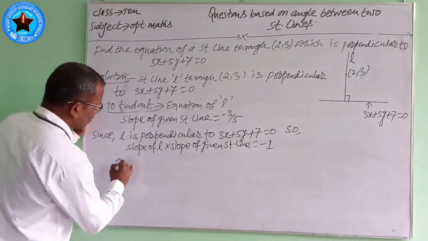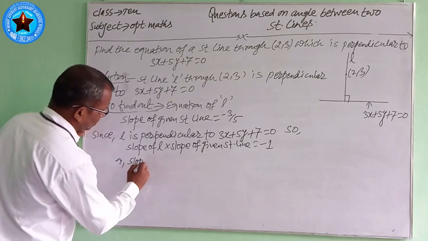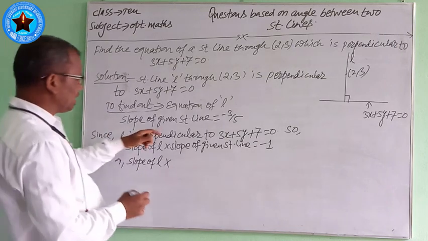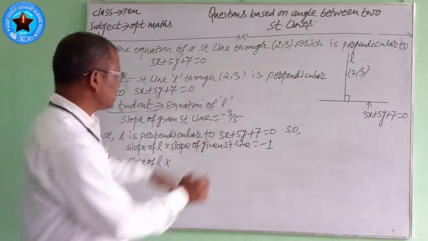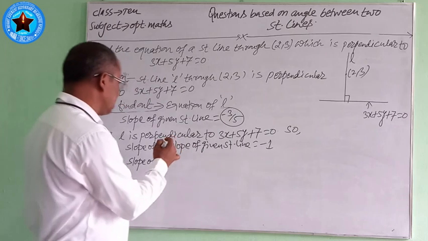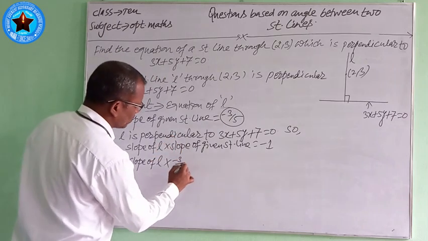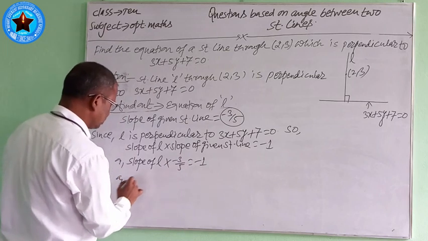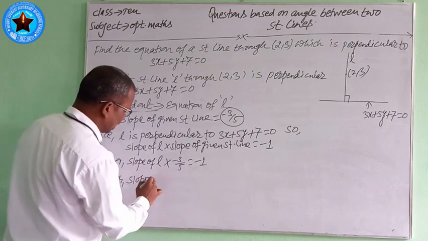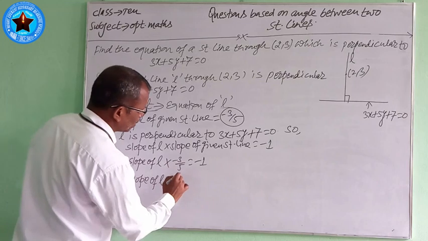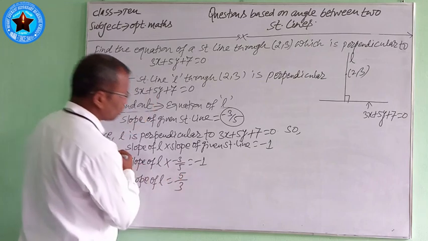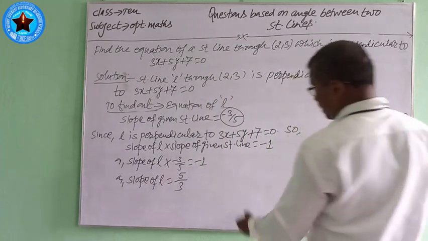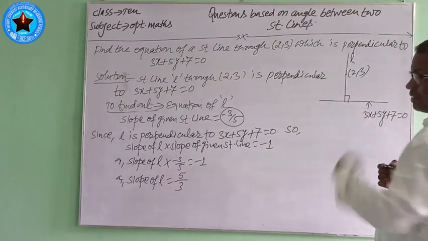Now here, the slope of L into the slope of the given straight line, that is minus 3 by 5, equals minus 1. The slope of L becomes 5 by 3.